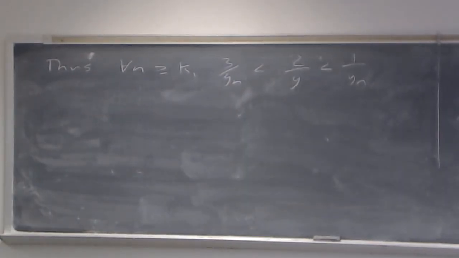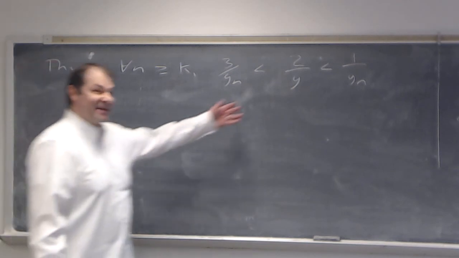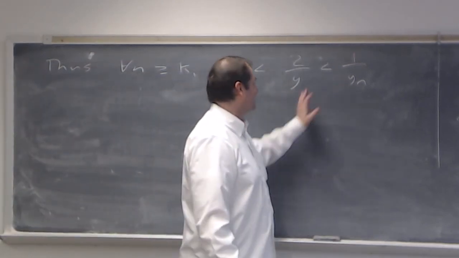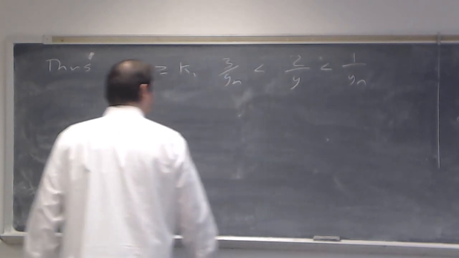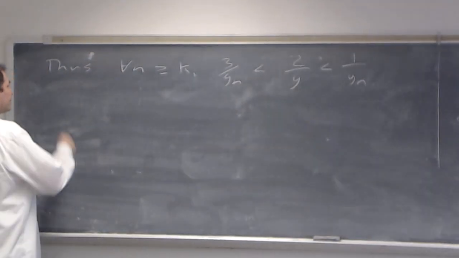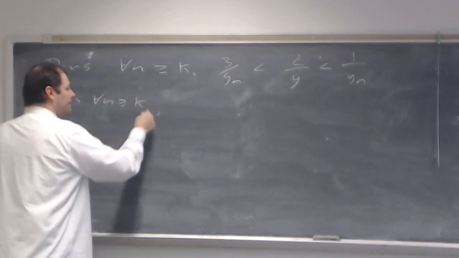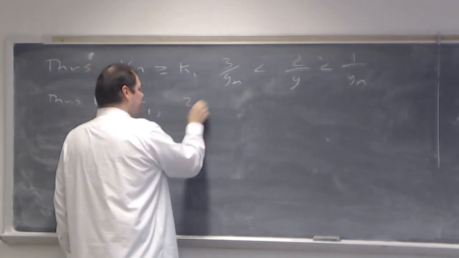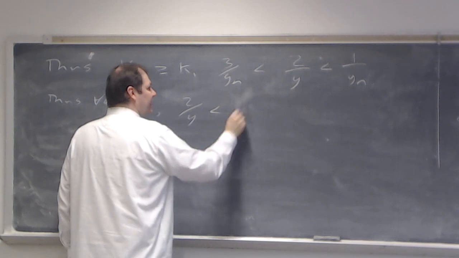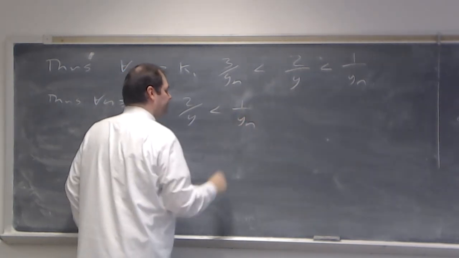I'm going to look at this second part again, the part to the right, but it involves y sub n. And so, thus, for all n bigger than or equal to k sub 1, what we have is 2 over y is less than 1 over y sub n.